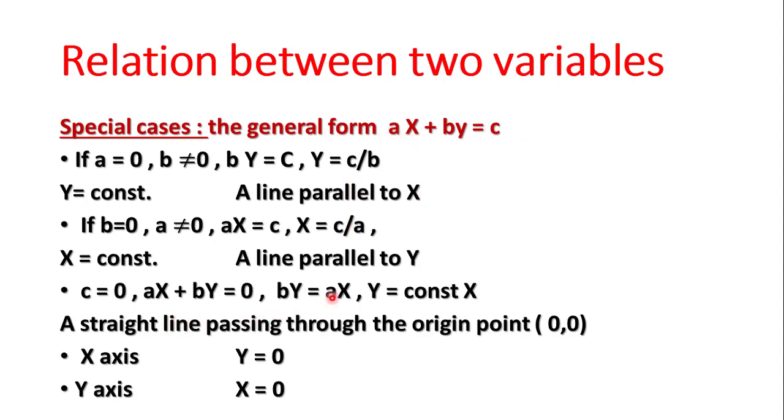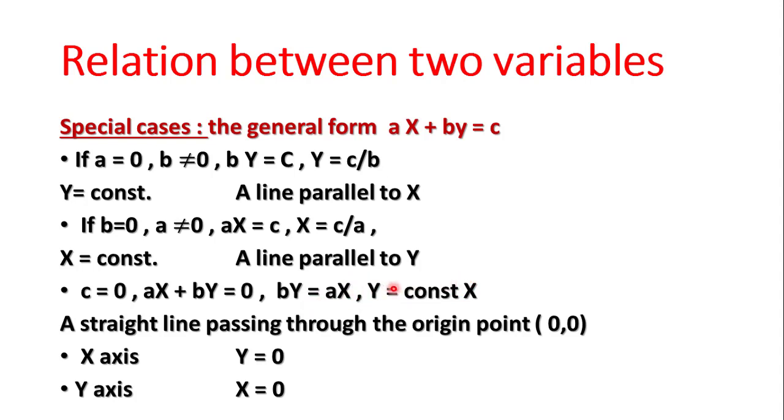If c equals 0, it means that ax plus by equals 0. It means that by equals negative ax. So y will be a constant times x.